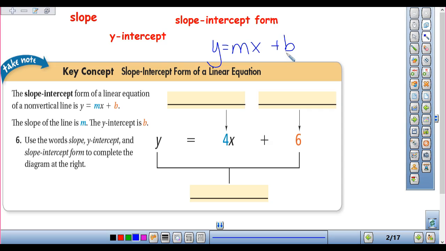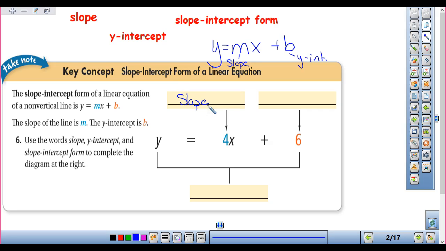Okay, what did we say m stands for? M is our slope. B is our y-intercept. So I'm given the equation y equals 4x plus 6. The 4 stands for my slope.